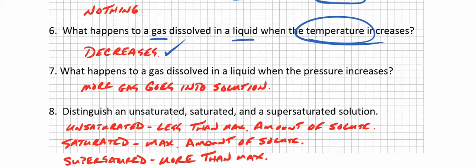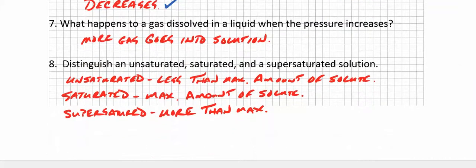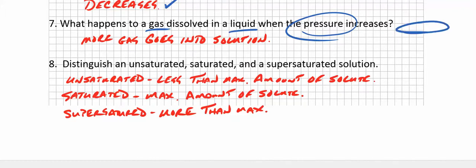Number 7 says this. It says, what happens to a gas dissolved in a liquid when the pressure is increased? So we're looking at gas in a liquid when the pressure is increased. More gas goes into solution. So we looked at that example already. So when you have a situation in which you have gas particles dissolved in a liquid, we'll make that diagram again.